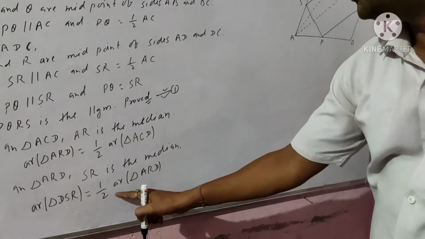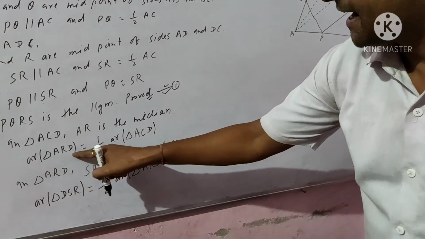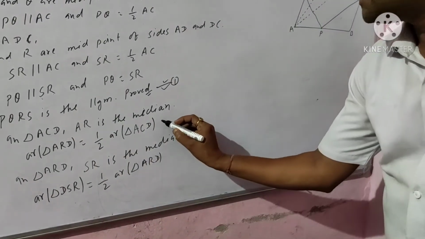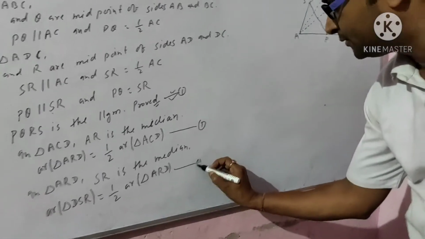Here area of triangle ARD is equal to this value, so put this value in here. This is your equation 1 and this is your equation 2.